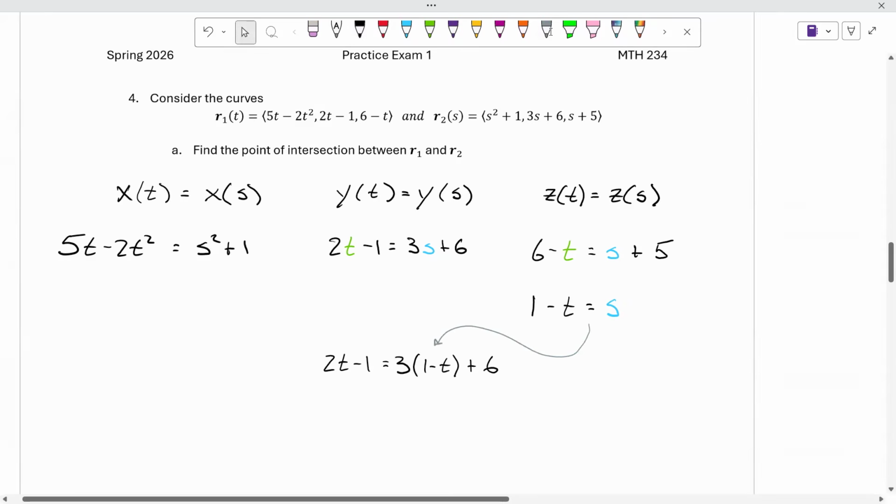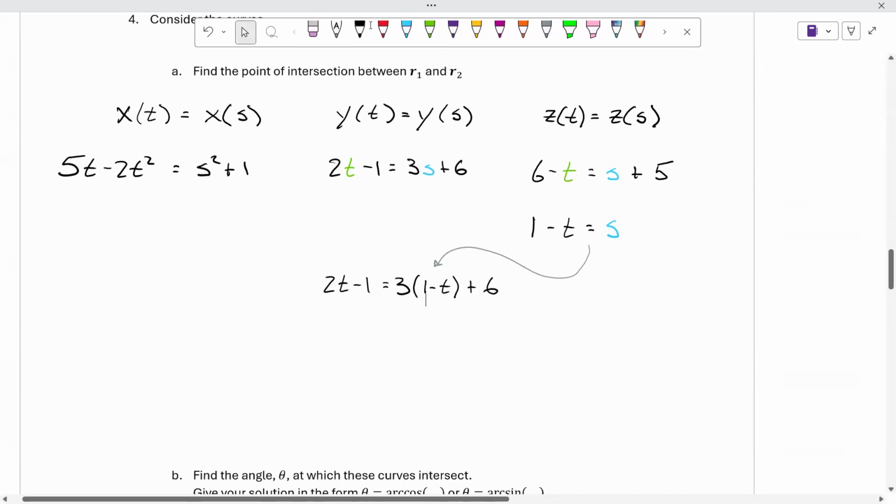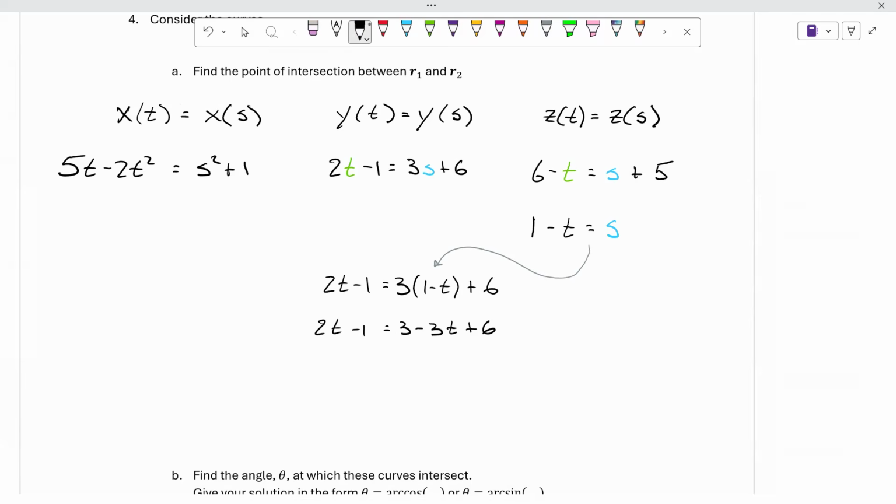Okay, I'm just going to substitute in right over there. And then it's just a matter of solving that equation. So let's see. 2t minus 1 is equal to 3 minus 3t plus 6.